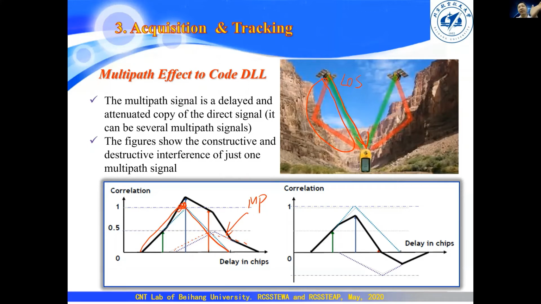So finally, it will introduce error to the tracking. Commonly, in open sky environments, you will maybe have 1 or 2 meters of error. But in a city canyon, for example where there are lots of buildings nearby, this error can accumulate to probably about 30, maybe even 50 meters. Sometimes in special cases, it's very horrible. So this is multipath.